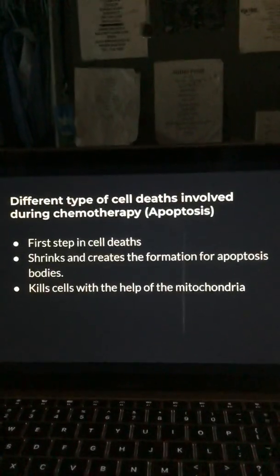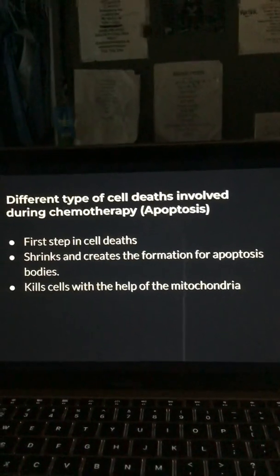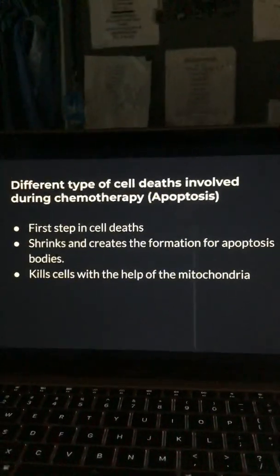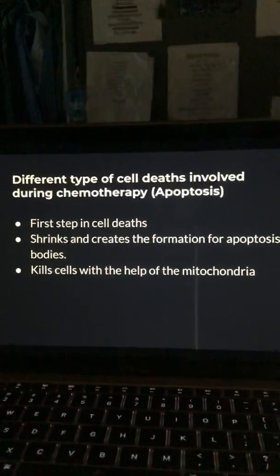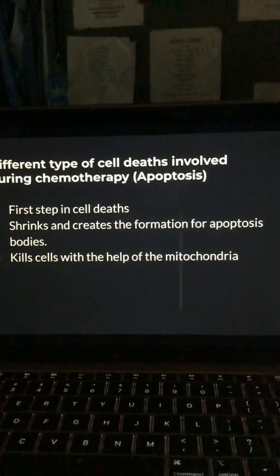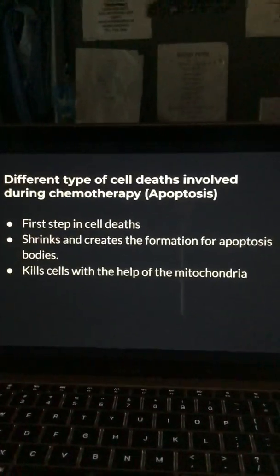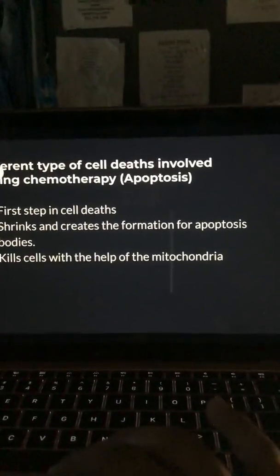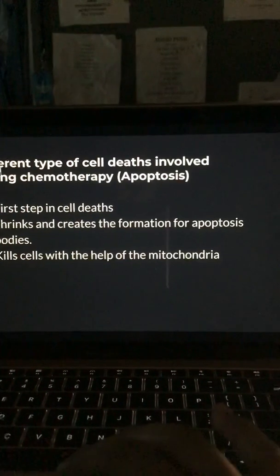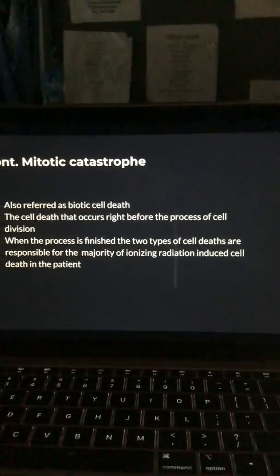Next, I would like to discuss the different types of cell deaths involved during chemotherapy. The first step is apoptosis. Continue on to the next step.